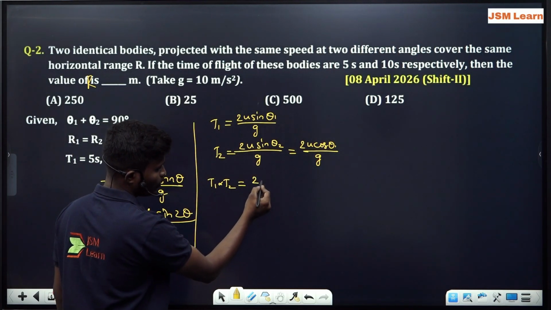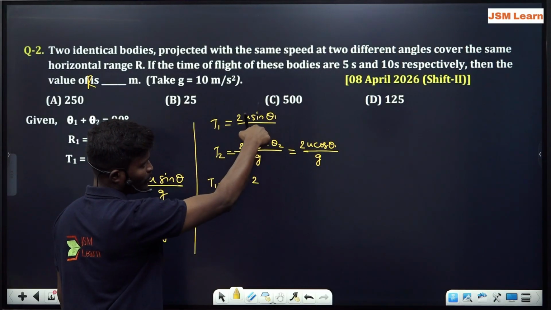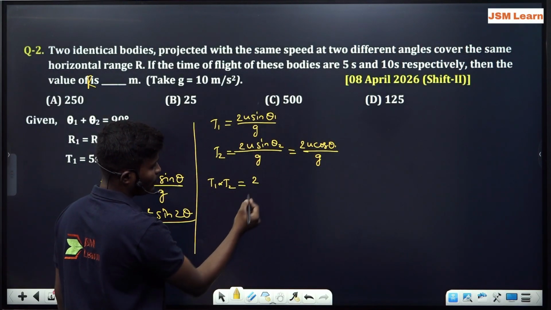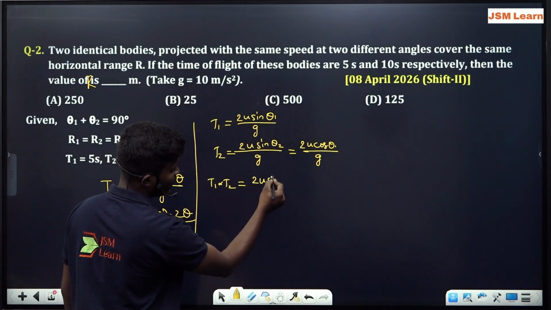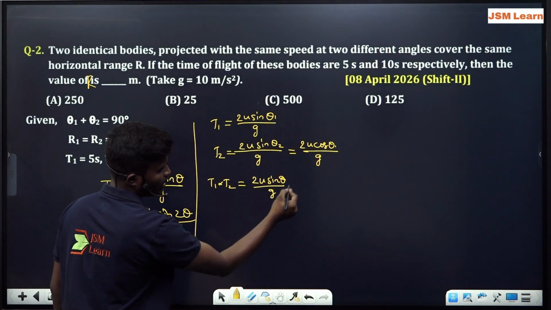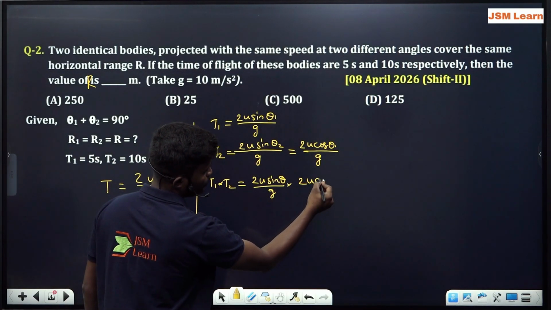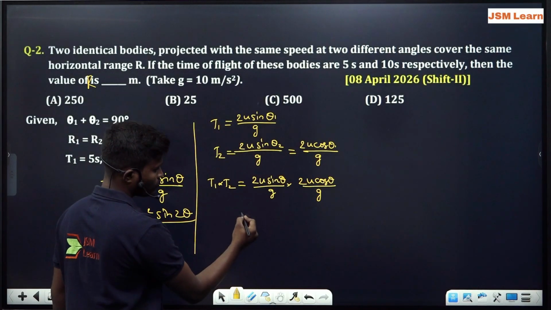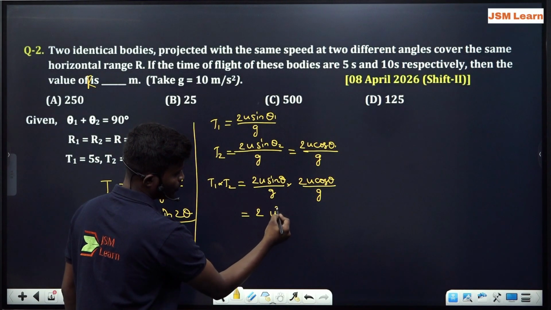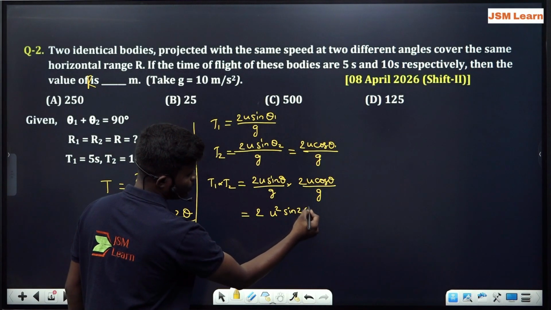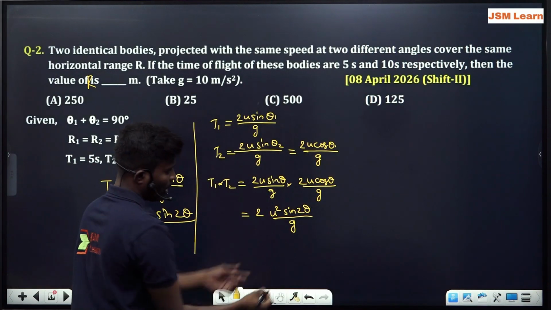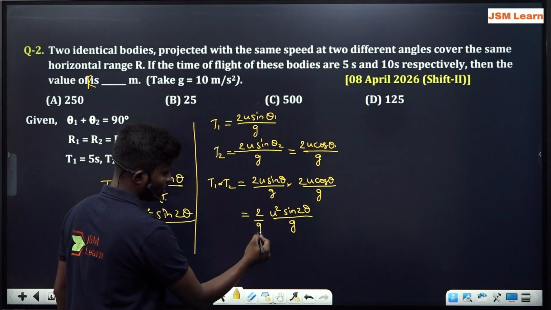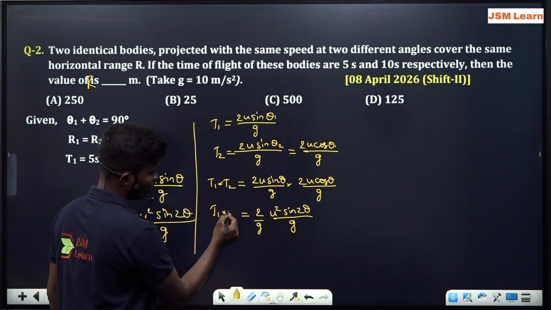So I'm writing 2 here, and in the denominator g. So first of all we'll write 2u sine theta by g into 2u cos theta by g. So this can be written as 2 into u square sine 2 theta by g, and another g I'm writing here. So this will be T1 into T2.